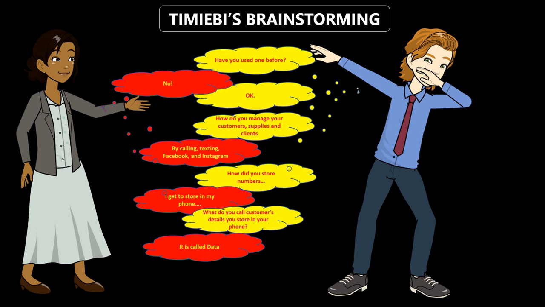Her answer: I store it in my phone, notebooks, and spreadsheets where I put down customer details. I asked, what do you call the customer details you store on your phone, notebook, or spreadsheet? She answered, it is called data.